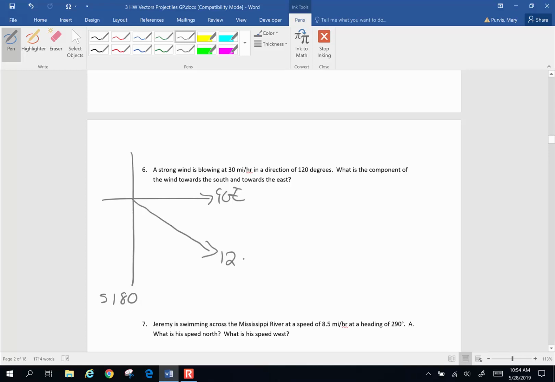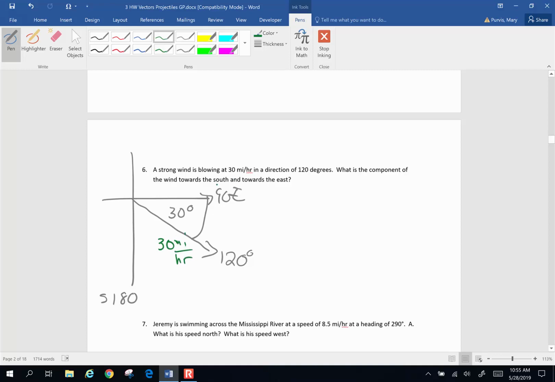Meaning this angle is 30 degrees, and we have a 30 mile per hour wind.